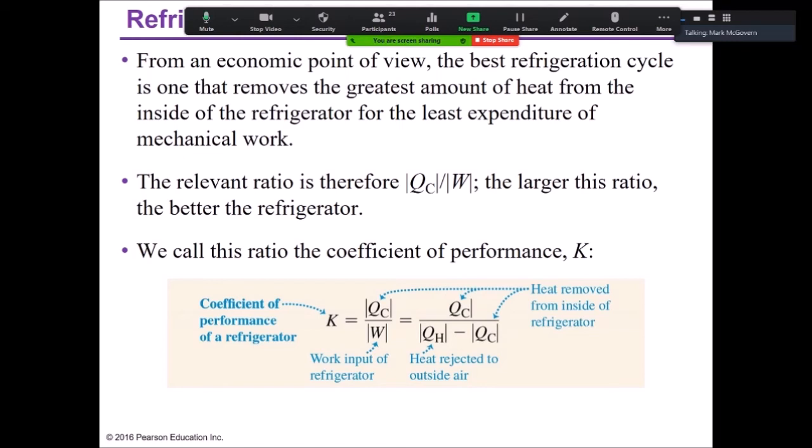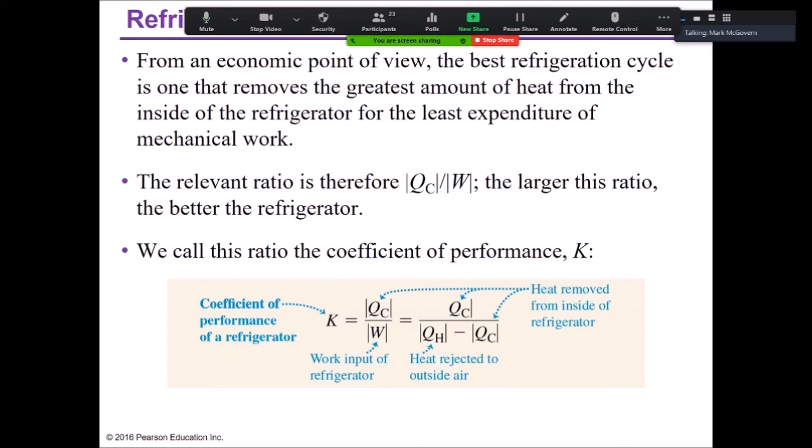We use a capital K. It's like an efficiency. However, this number is bigger than 1, as opposed to the efficiency for heat engines being less than 1, because the idea here is: how much heat are we extracting per input of energy?